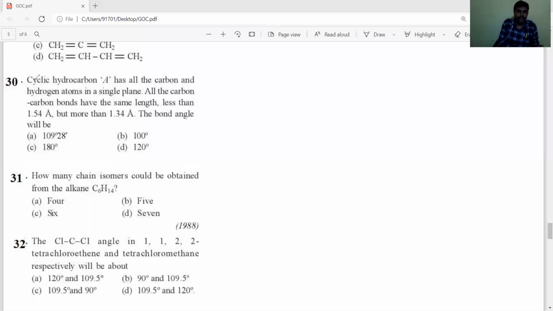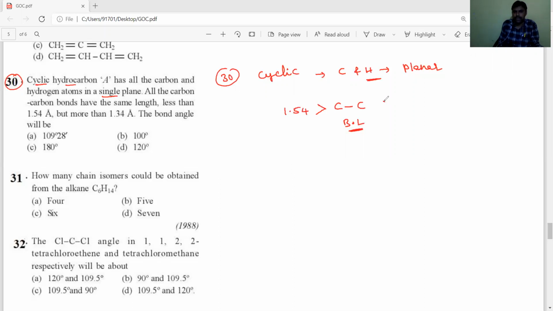30th question, the given hydrocarbon is cyclic in nature. Cyclic hydrocarbon, and carbon and hydrogens are all present in the plane. Carbon and hydrogens are planar in shape, but the carbon-carbon bond length of the given organic compound is less than 1.54 but more than 1.34.